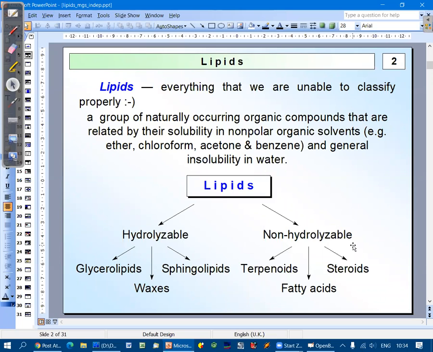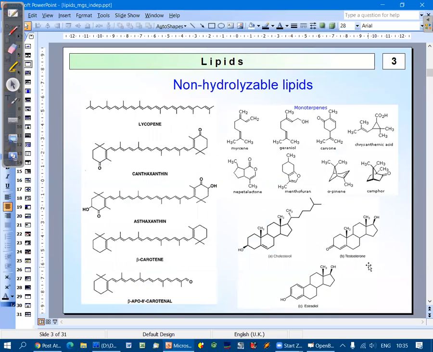Non-hydrolyzable lipids are hydrocarbons. We won't discuss non-hydrolyzable lipids at all. I'll just show the structures of some of them. By the way, hormones belong to non-hydrolyzable lipids, but this is the problem of biochemistry. We won't consider them at all.